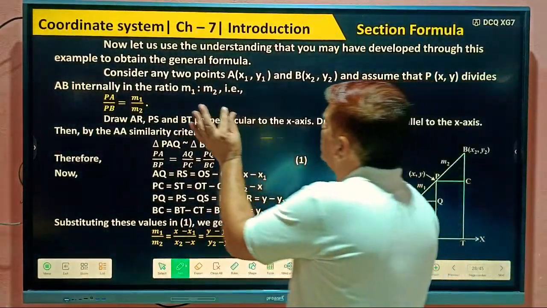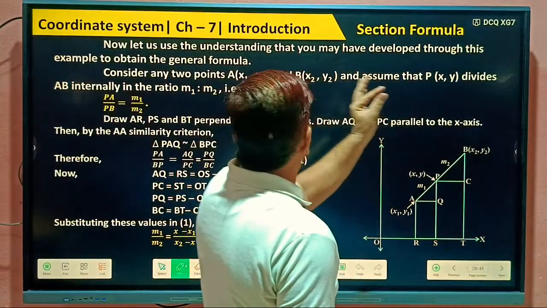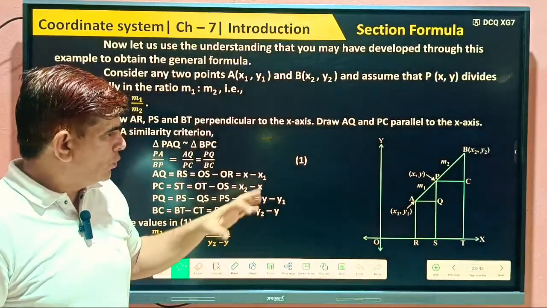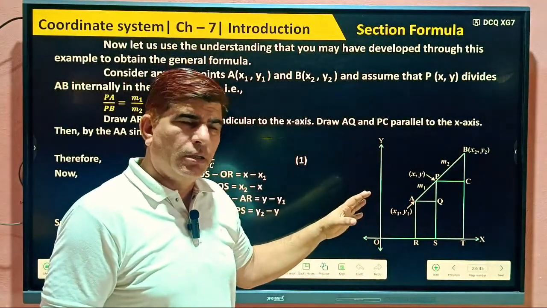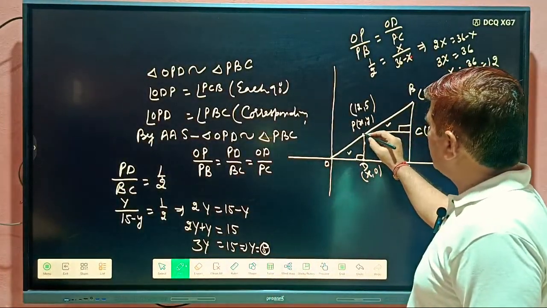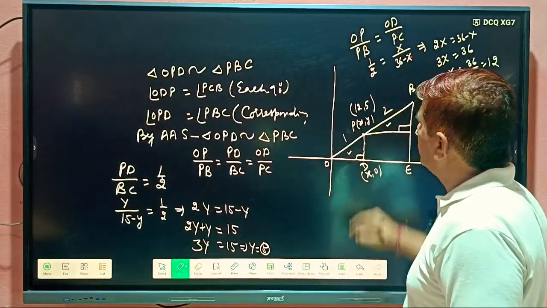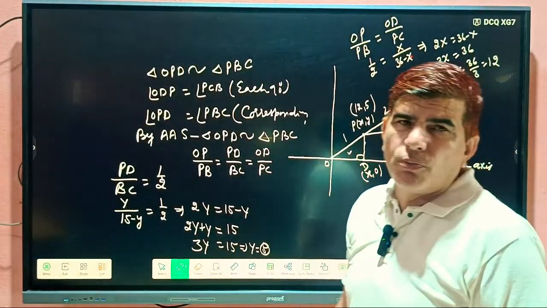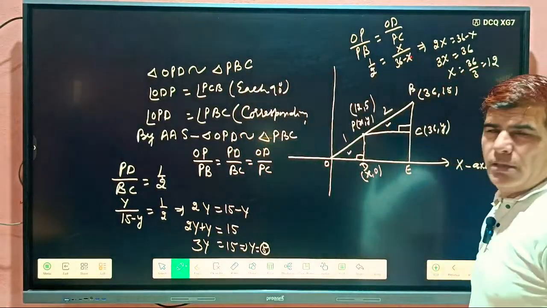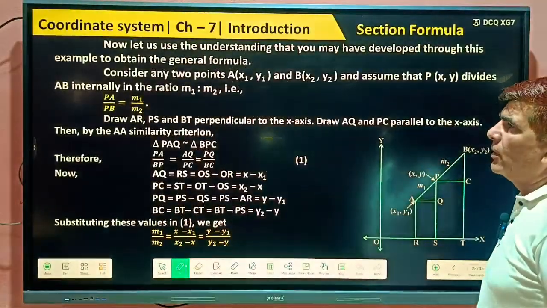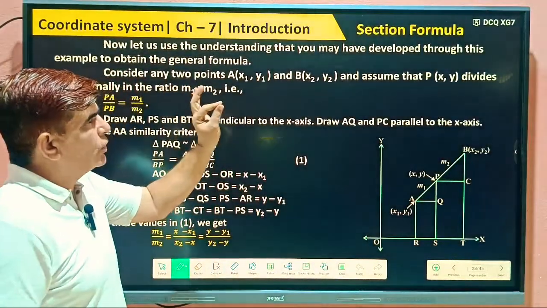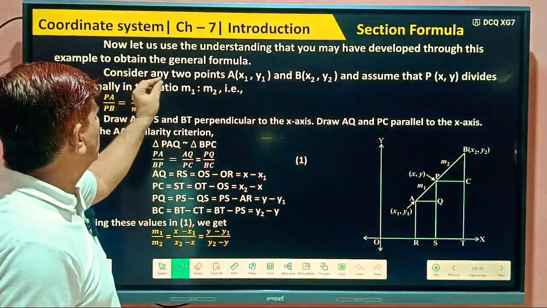So now let us use the understanding that you may have developed through this example to obtain the general formula. In that question, this point P divides the line in the ratio 1 to 2, and we had to find the coordinates of point P. So by using this, we come to the section formula.